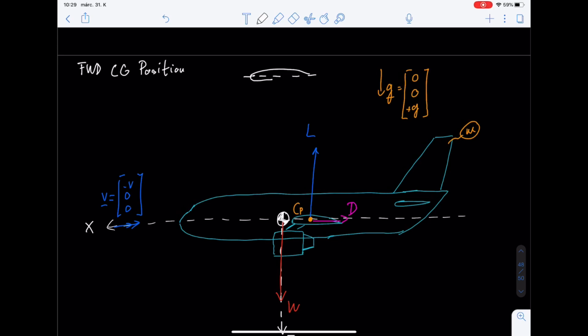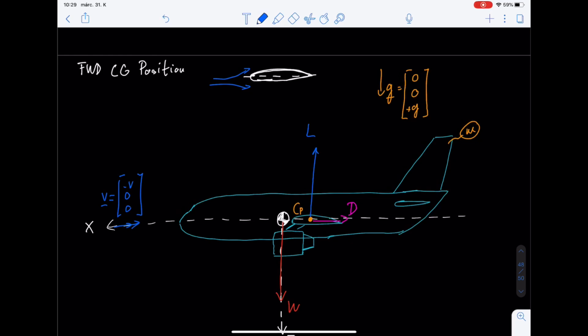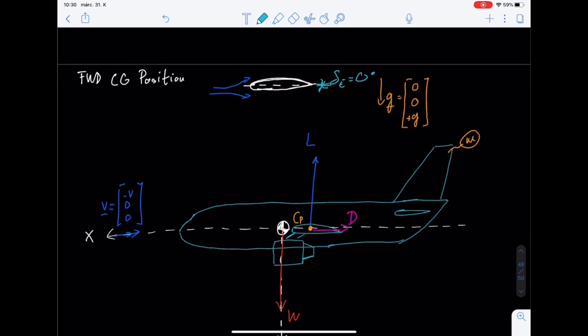I'm trying to draw it as symmetrical as possible, and if you have the airflow from this direction, so if the camber is zero, basically a non-cambered airfoil, and you don't have a deflection, so your deflection angle is 0 degrees, in that case practically speaking you're not generating lift, you're only going to be generating a little bit of drag, right? The form drag.